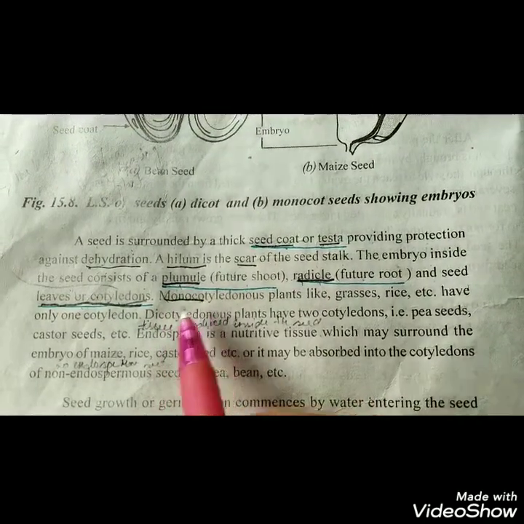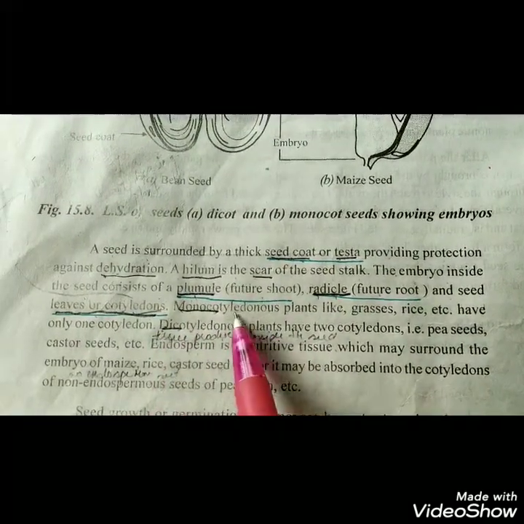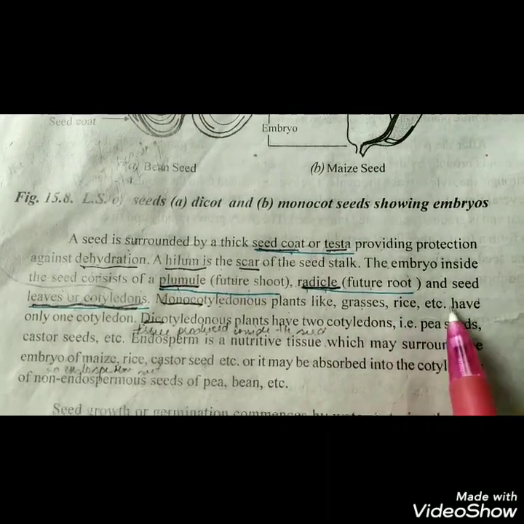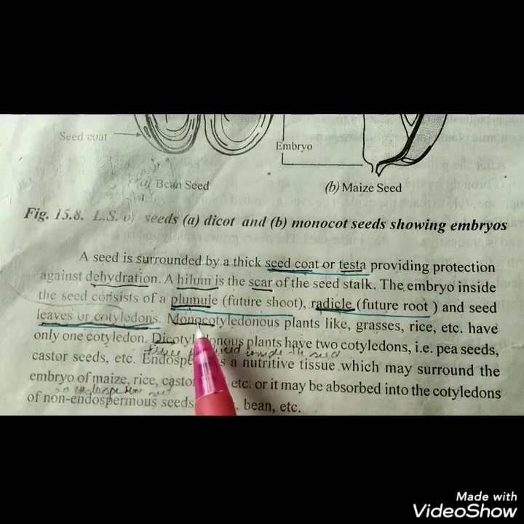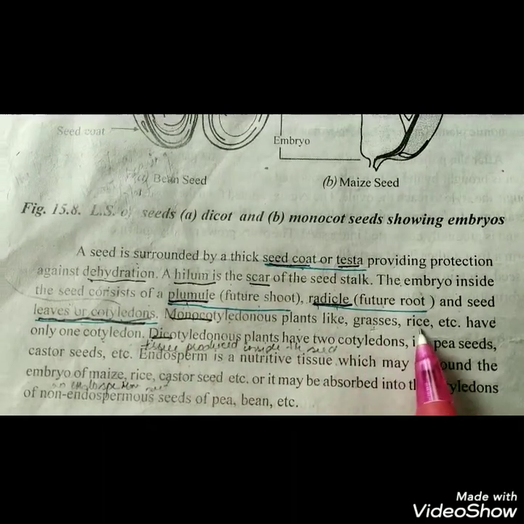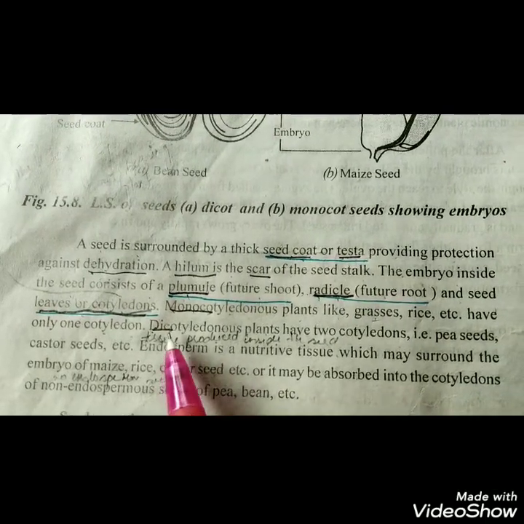Monocotyledon: mono means one, di means two. Monocotyledonous plants like grasses and rice have only one cotyledon.